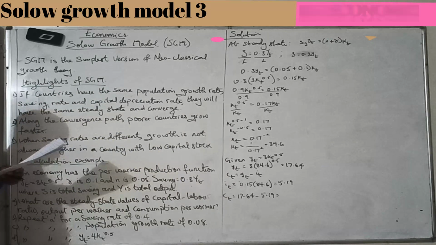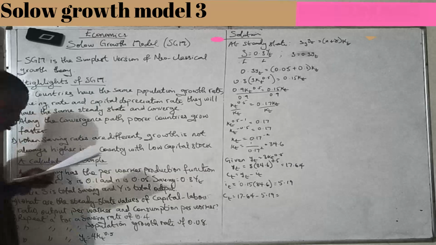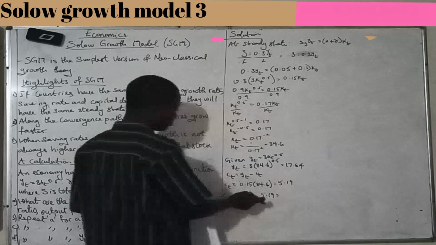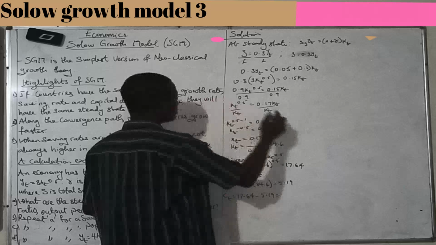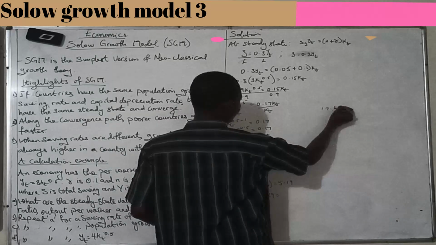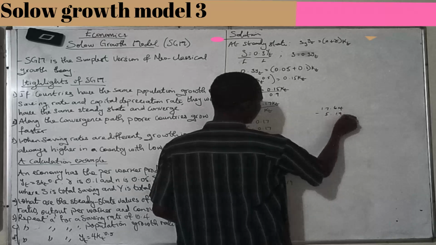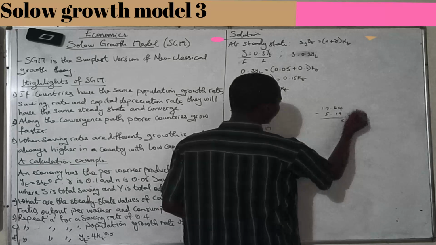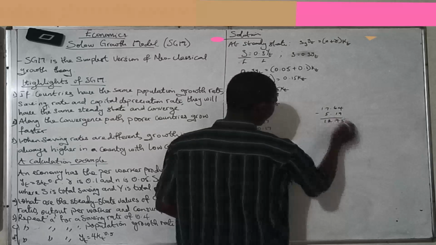So 17.64 minus 5.19. If we do 17.6 minus 5.2, then just 17.64 minus 5.19: 14 minus 5, 14 minus 9 is 5, 5 minus 1 is 4, 7 is 12.45.